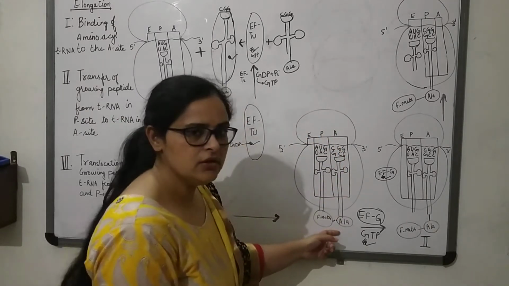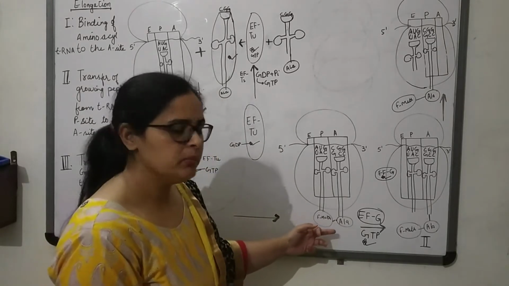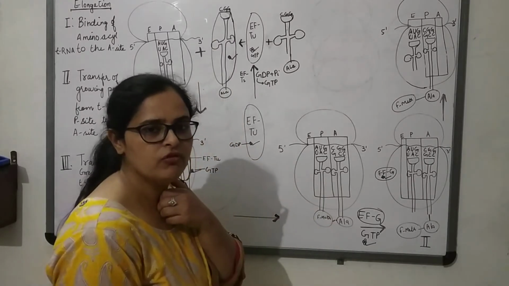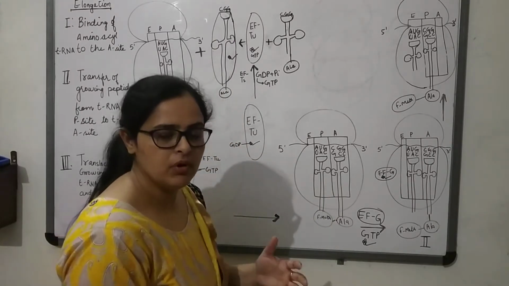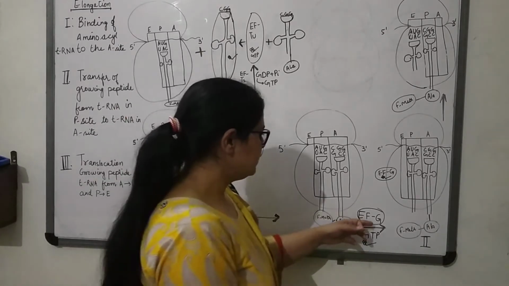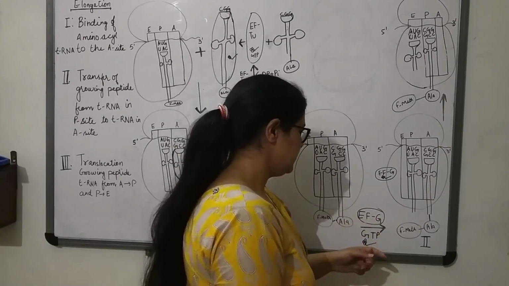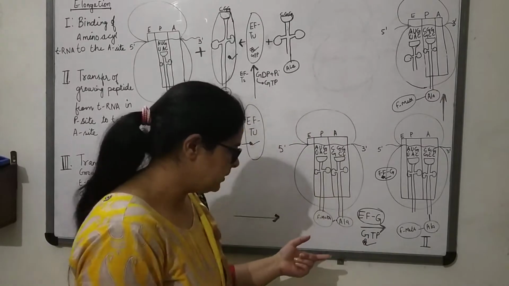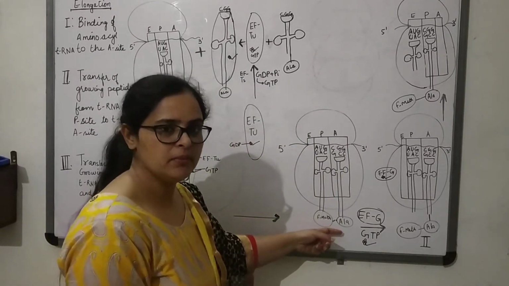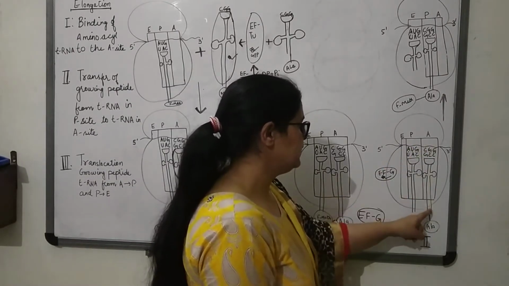There is a formation of peptide bond. There should be a bond between the amino acids so that further elongation of the polypeptide chain will be strong. This bond will occur in the presence of another elongation factor, known as EF-G, with the help of one GTP, and the strong bond is transferred to the A site.